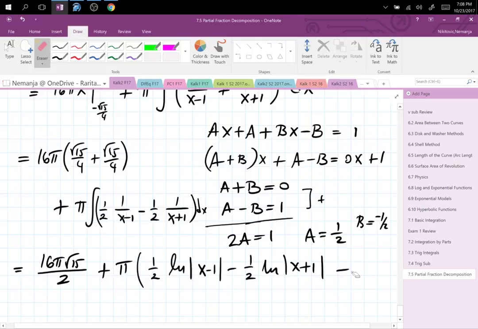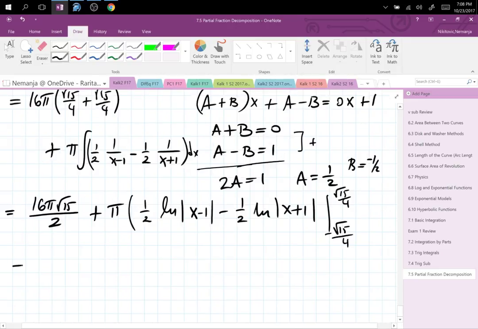You don't put plus c because we have the limits. (16 pi root 15 over 2). Oh, 16 and 2 cancel to 8, so this is just 8. Plus pi.